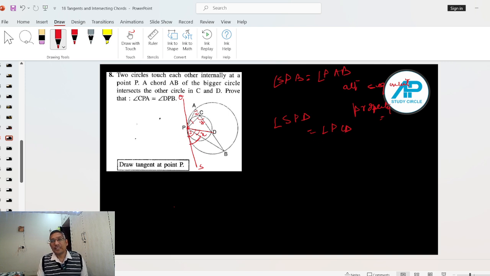SPD is equal to PCD, correct? This is an exterior angle. Sorry, again this alternate segment property. All right. Now look again.